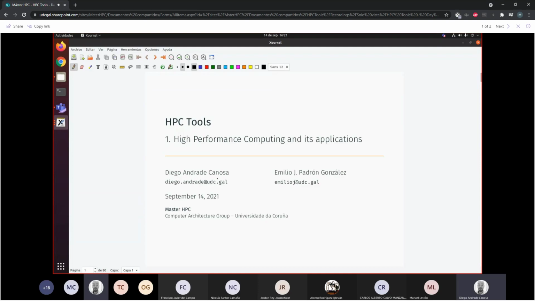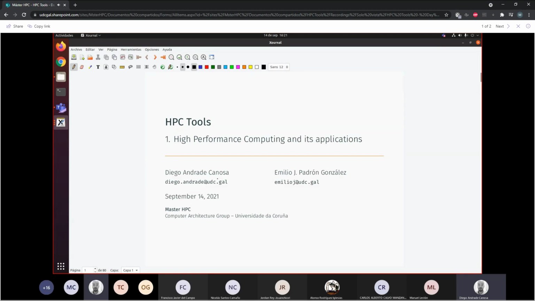Like basic concepts of computer architecture or computer structure. Maybe most of you already know these concepts, so sorry about that, but we believe it's important that we devote at least 1 hour or so to review these topics. After that, we are going to have a small break, in order to drink some water and go to the bathroom.